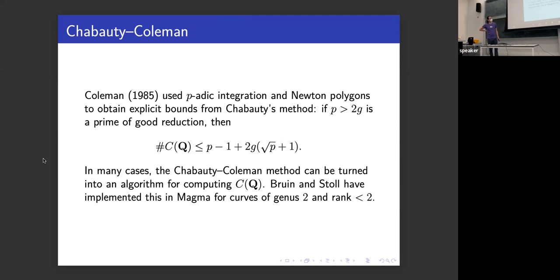And I believe this also should work for higher genus hyperelliptic curves with rank less than genus, but Magma can only currently compute Mordell-Weil groups when you have genus 1 or 2. And so that's kind of the obstacle there.